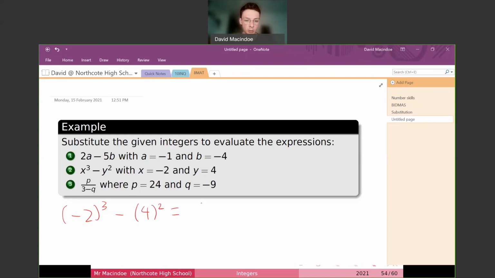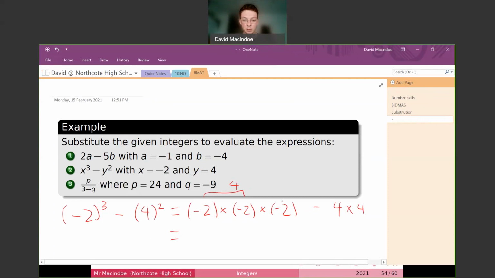Now, you might not remember what cubed means with a power. It just means you multiply the thing by itself 3 times. So we're doing this. And then we're going to have to do 4 squared. So that's 4 times 4. And if you think about this, well, -2 times -2 gives me +4.